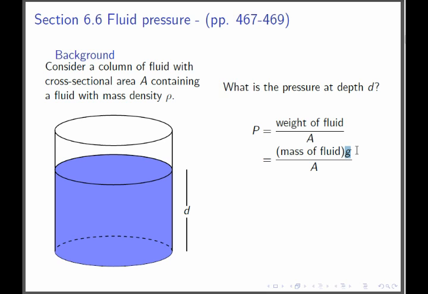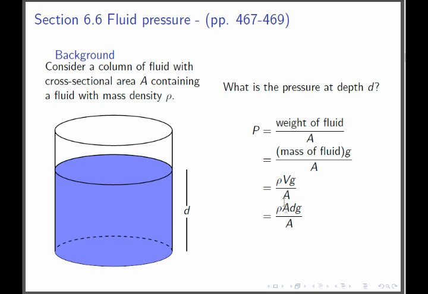This is either 32 feet per second squared if we're using imperial units, or 9.8 meters per second squared if we're using metric units. Okay, well, the mass of the fluid is just this mass density ρ times the volume V of the fluid. And the volume is the cross-sectional area of the base times the depth of the column.